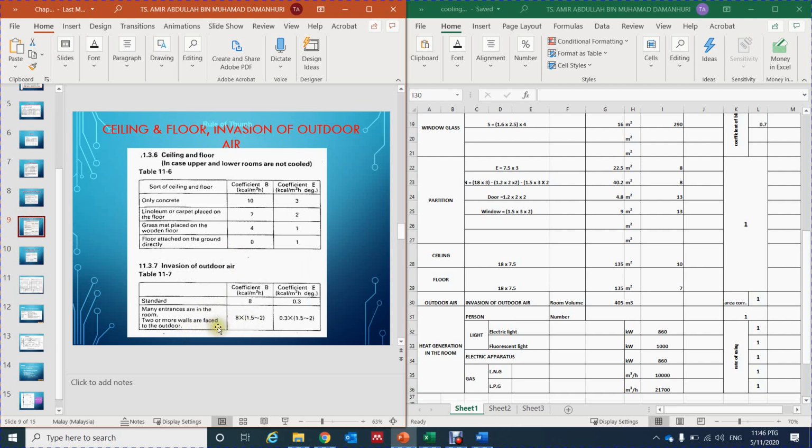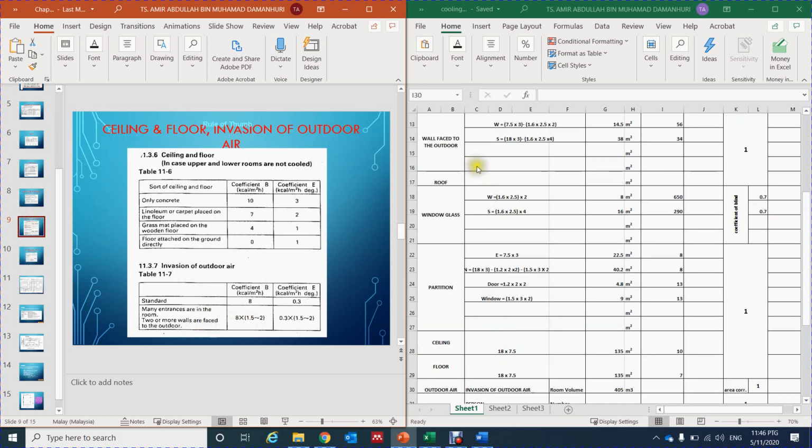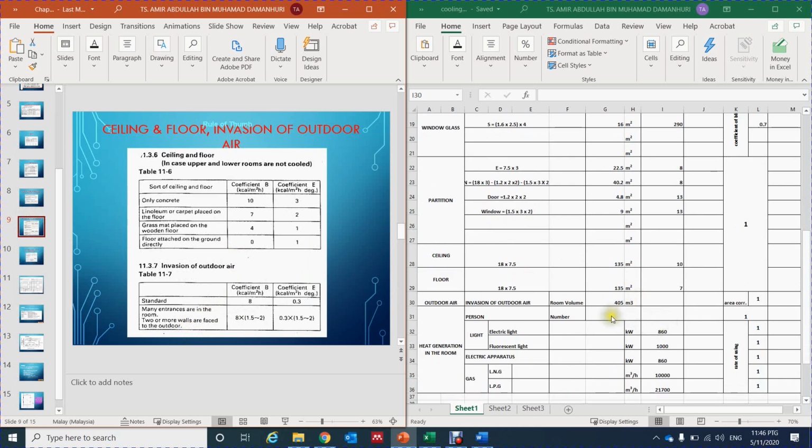Yes, also, because there are 2 walls that face the outdoor on the west side and then the south side. And then the coefficient of B will be 8. You can choose either 1.5 to 2. It is not wrong because it is only an estimation. So 8 times 1.5. I put the minimum one, 1.5. 8 times 1.5 is equal to 12.